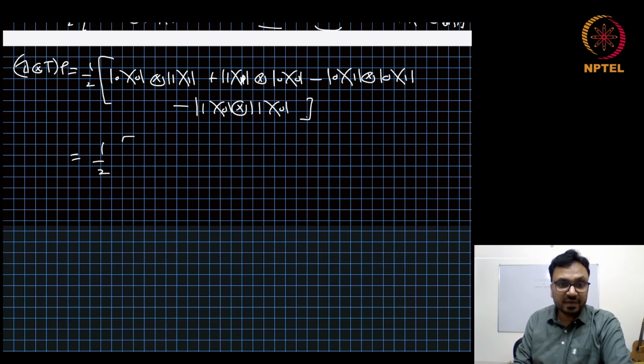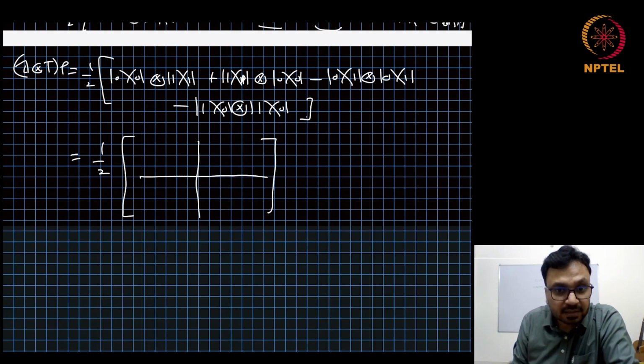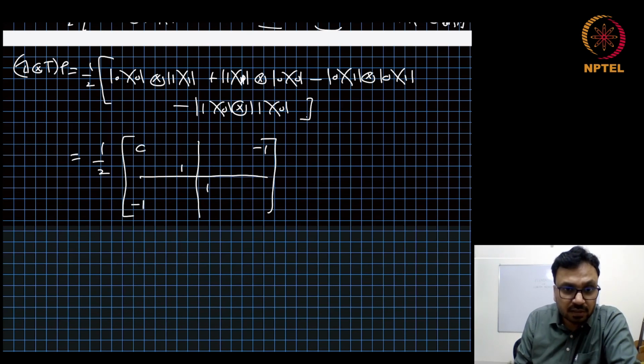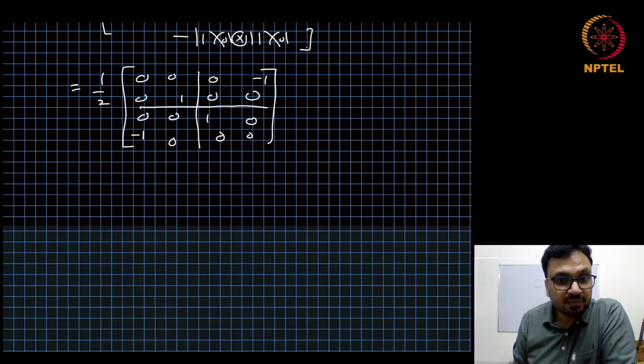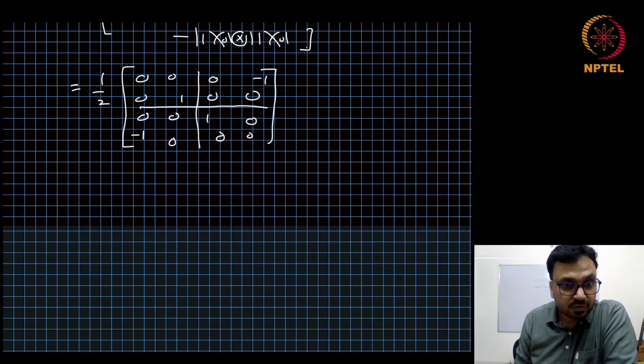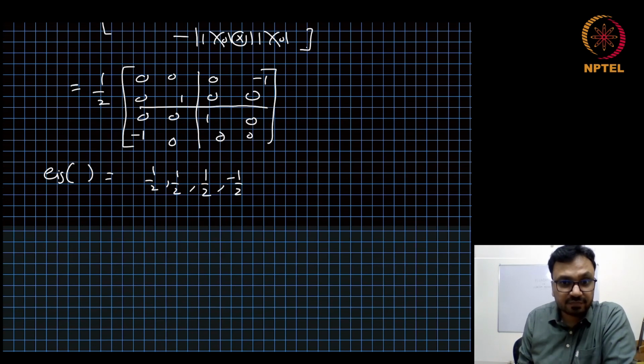If we write the matrix form of it, we get 1, 1, minus 1, minus 1, 0, 0, 0, 0, 0, 0, 0, 0, 0 and 0, 0, 0. This will be the matrix of this partial transpose of rho, and if we find the eigenvalues of this, they will be half, half, half and minus half.